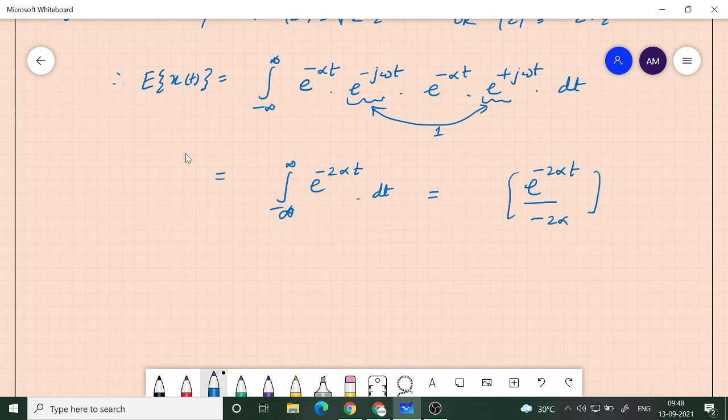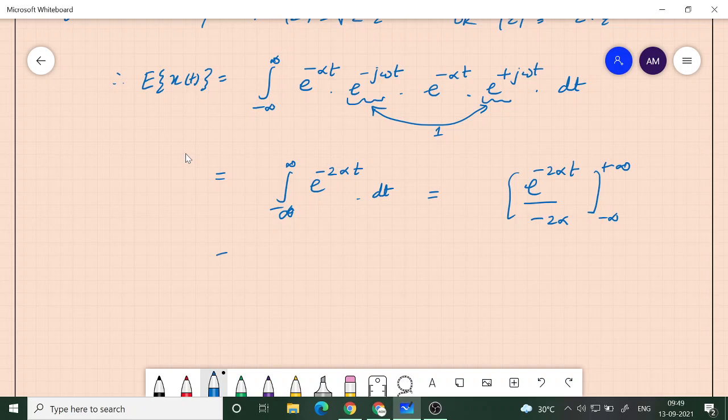But the limit is from minus infinity to plus infinity. Plus infinity is okay because this function becomes 0. But if you put minus infinity, it is e raised to infinity, since it is already given that alpha is positive. When you put minus infinity, minus minus will cancel, and e raised to plus infinity is infinity.